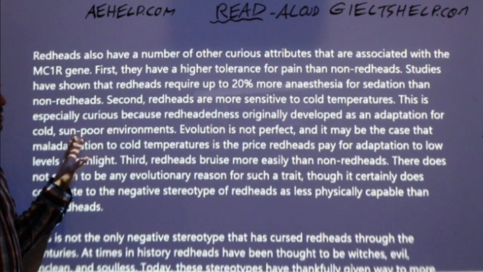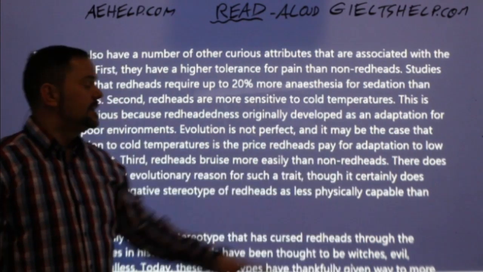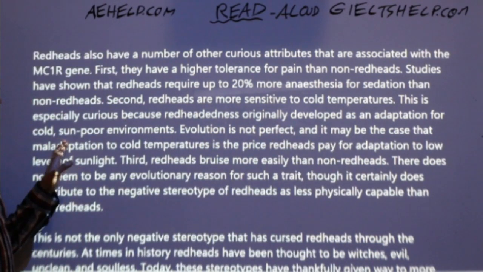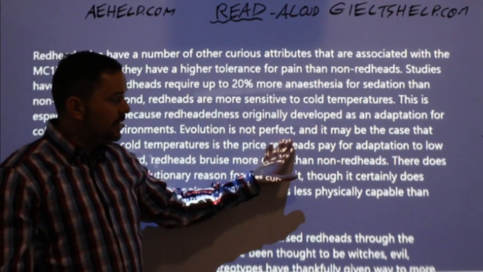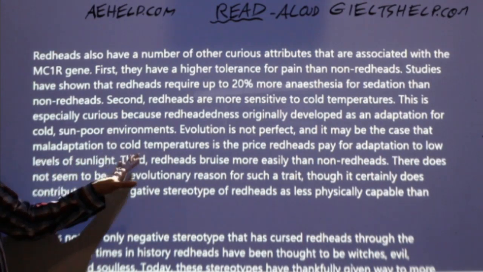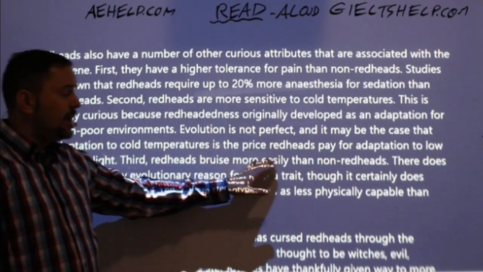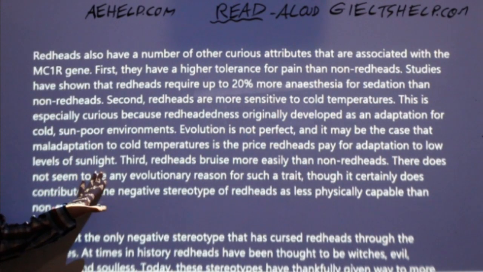This is especially curious because redheadedness originally developed as an adaptation for cold, sun-poor environments. Evolution is not perfect, and it may be the case that maladaptation to cold temperatures is the price redheads pay for adaptation to low levels of sunlight.